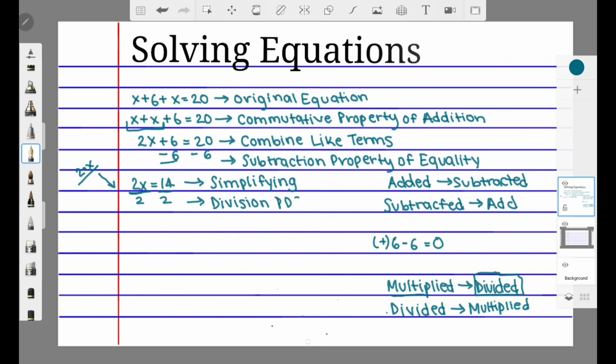I will just abbreviate that. It's the division property of equality. Now, let's solve. x equals 14 divided by 2, which is 7. And that is our simplified answer.